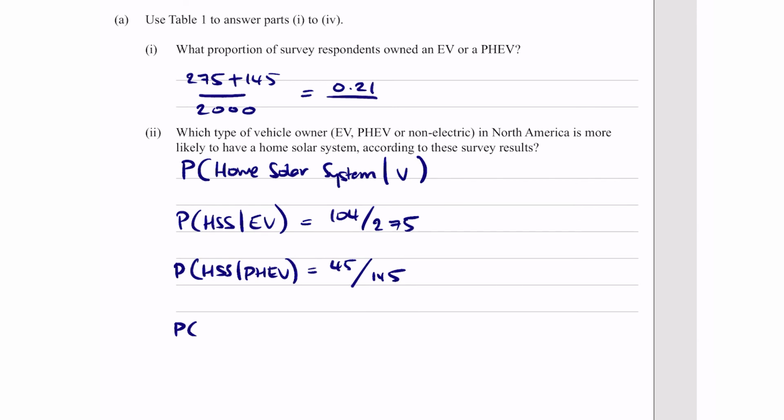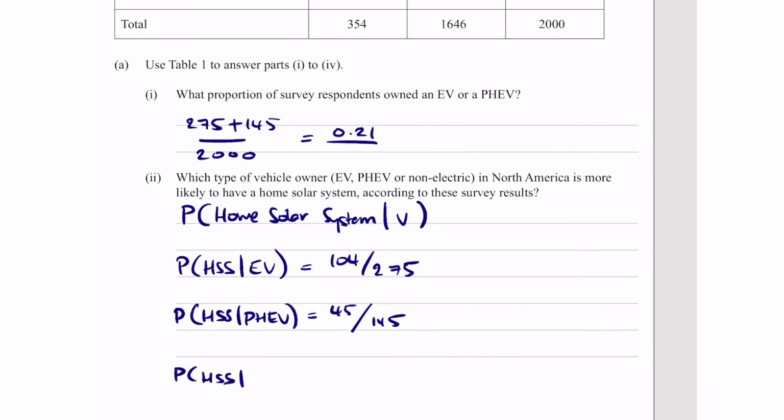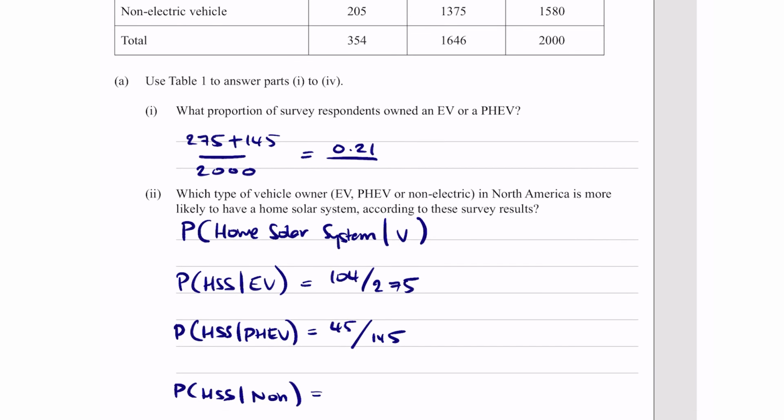And finally, the probability of having a home solar system if you have a non-electric vehicle is essentially 205 over 1580. So because the denominators are different, we need to actually hand calculate them to find the largest probability, which is 0.378 here. 45 divided by 145 is 0.310, and 205 out of 1580 is 0.1297.